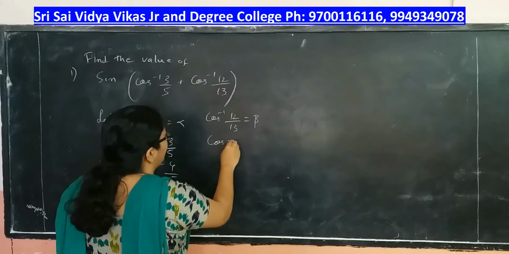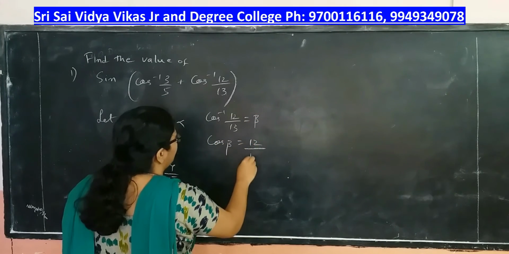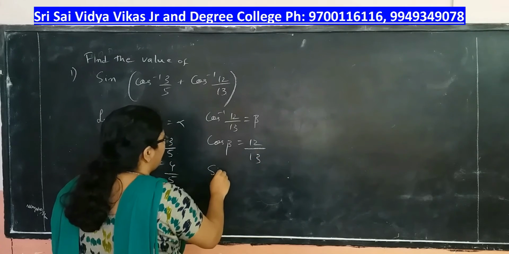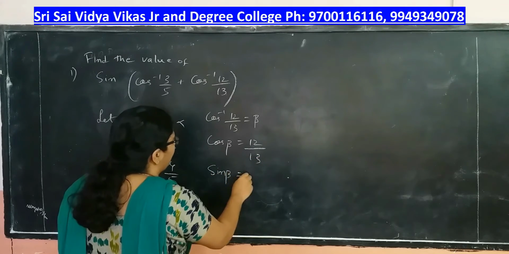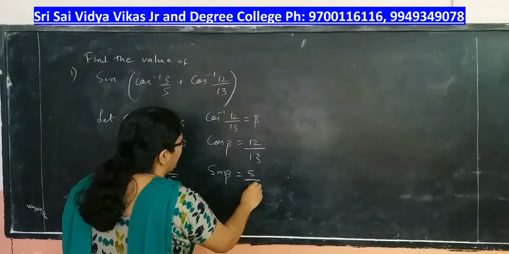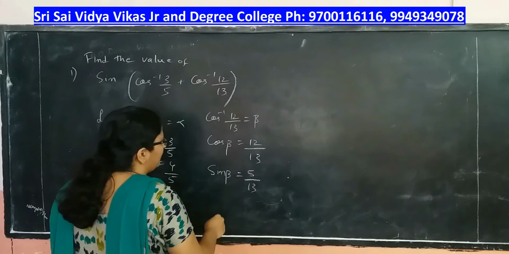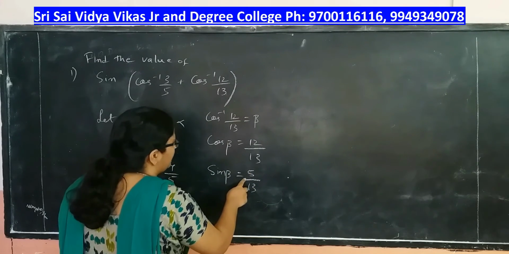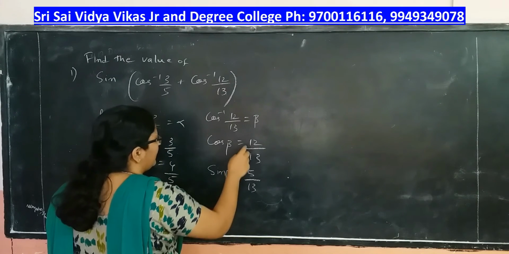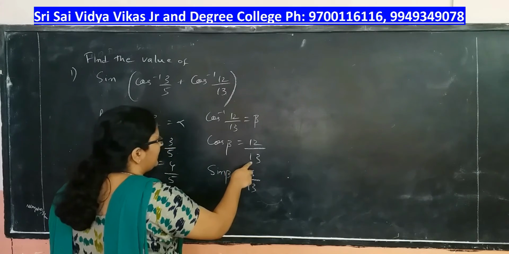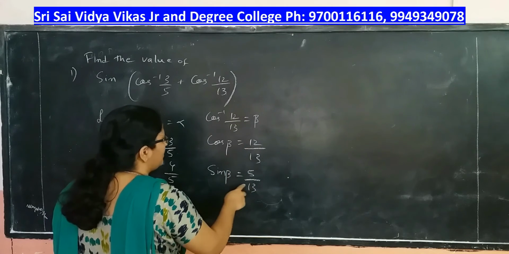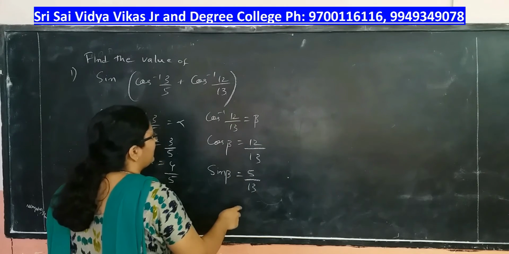Cos beta is equal to 12 by 13. Sin beta will be equal to 5 by 13. Opposite side will be 5, adjacent side is 12. 169 minus 144 is 25. So sin beta will be equal to 5 by 13.